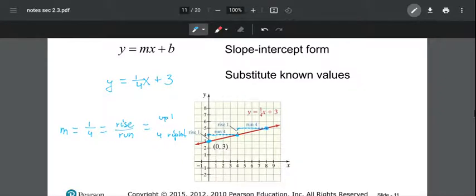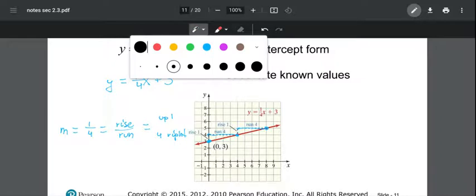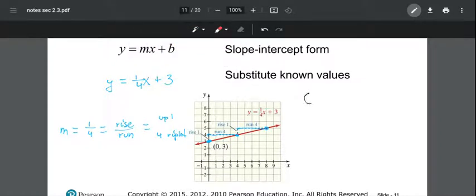So you can use the graph to find more points, or you can do what we did before. We know 0, 3, which is the y-intercept, and the slope is 1 over 4, which is rise over run. Rise is change in y, so the rise is equal to 1.